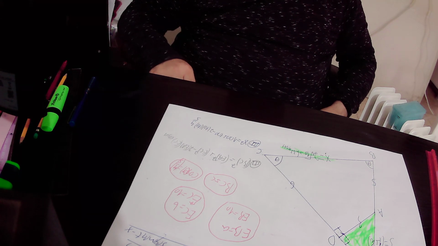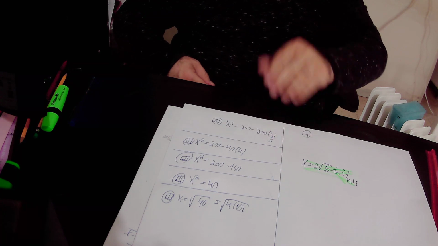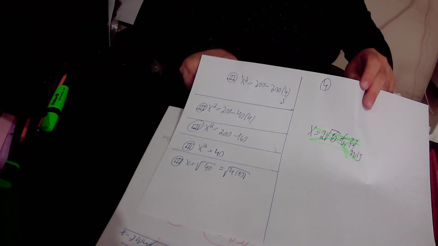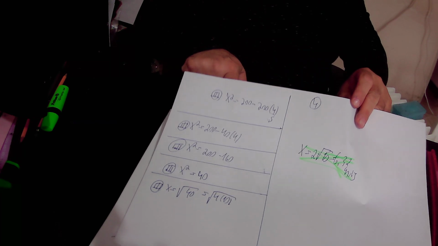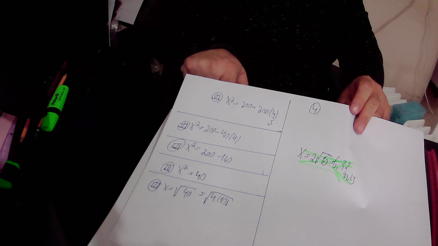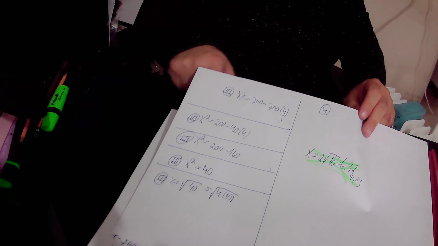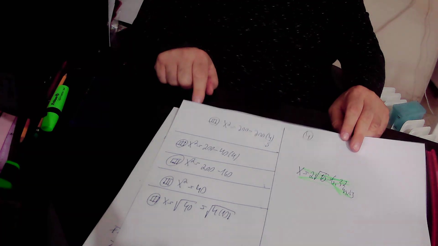In conclusion, according to equation number 3, x squared equals 100 plus 100, which is 200, and 10 times 10 is 100, and 100 times minus 2 is minus 200, so it is minus 200 times 4 over 5.